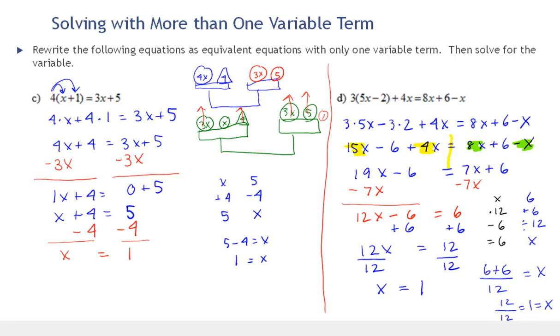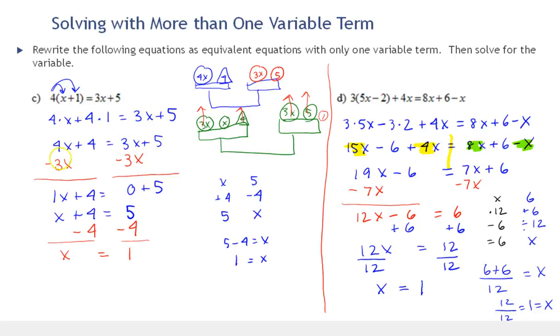So in these examples, in addition to combining like terms, we distributed. Both times, distribute first. Then you're going to combine any like terms. And then once you have everything combined on the left and right-hand side of the equation, use the principles of equality.